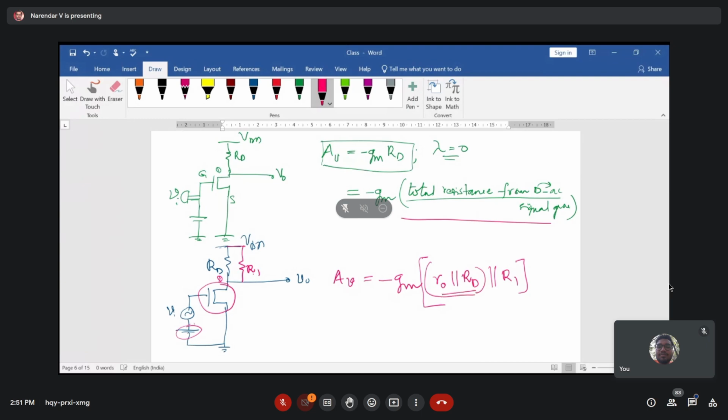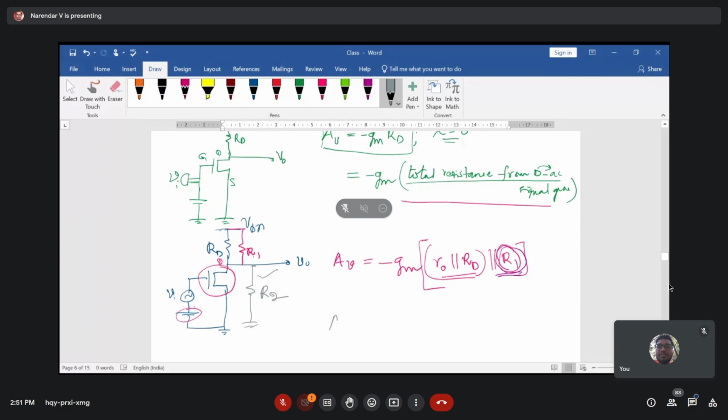This factor is common, and now one more resistor is added, which is R1. So this R1 resistor is in parallel with RD. Now if one more resistor is added, let's say R2, this resistor is also going in parallel with these existing resistors.